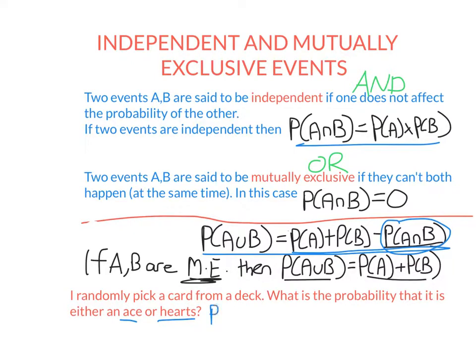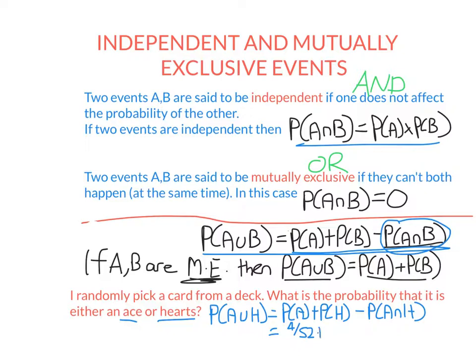So the probability, I'm going to call A for ace and H for hearts, of A or H: you find the probability of each and add them together, and then you have to subtract the probability that both of them happen. So the probability of getting an ace is 4 out of 52 because there are 4 aces out of the 52 in the deck.